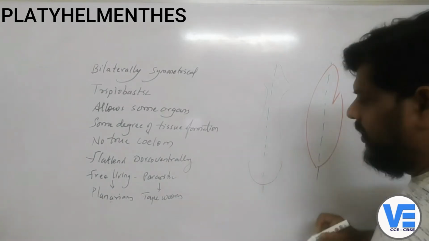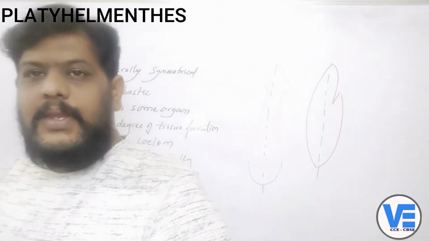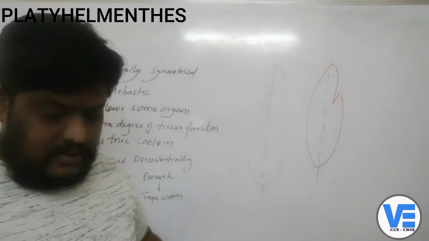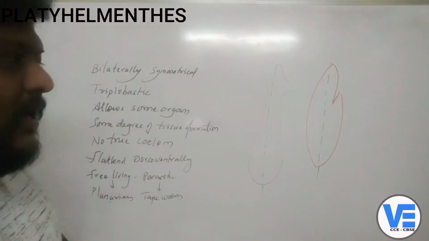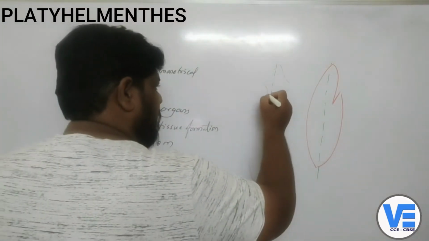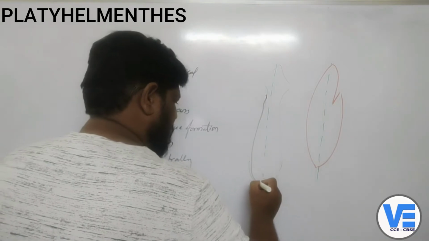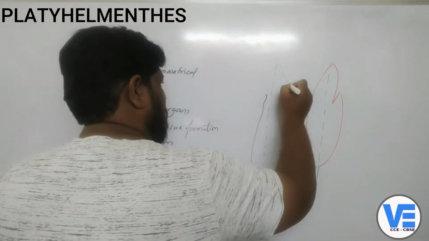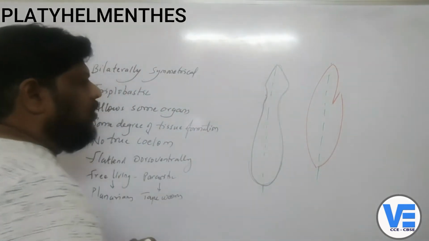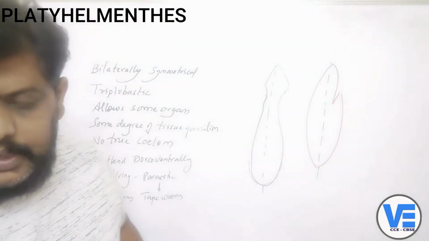Which one do you think are equal to each other? If we cut like this, which one is similar, which one is identical? Now tell me which one will be identical.